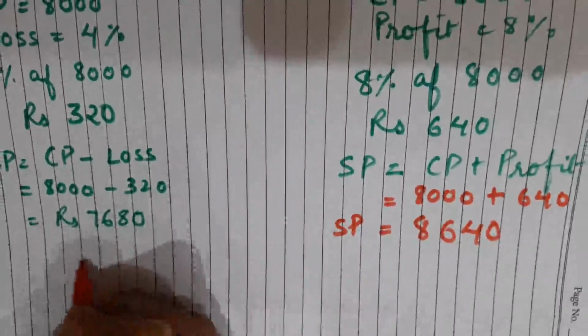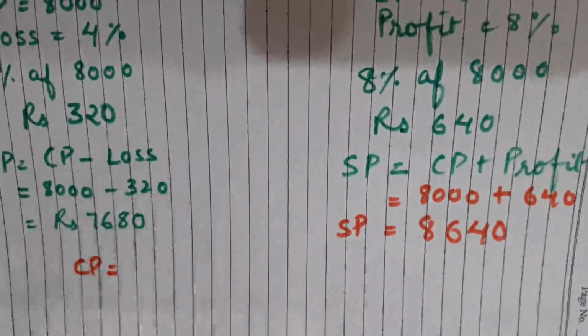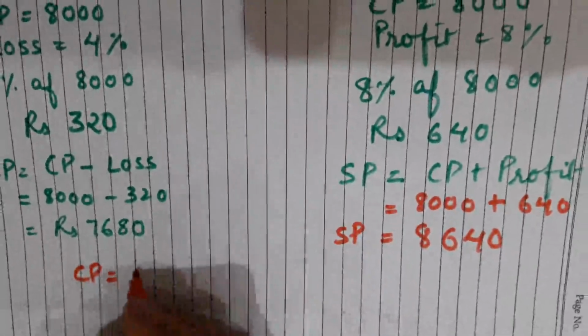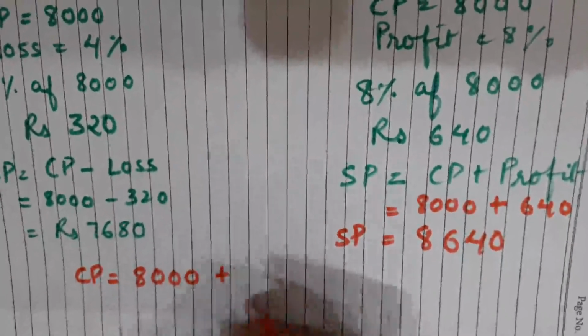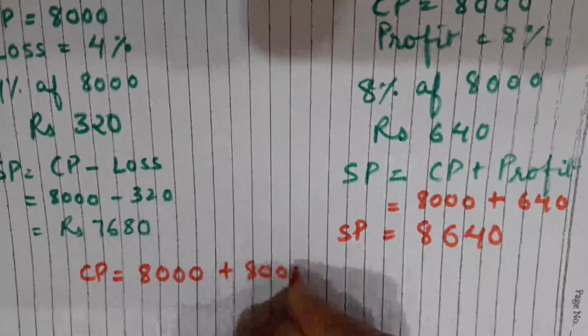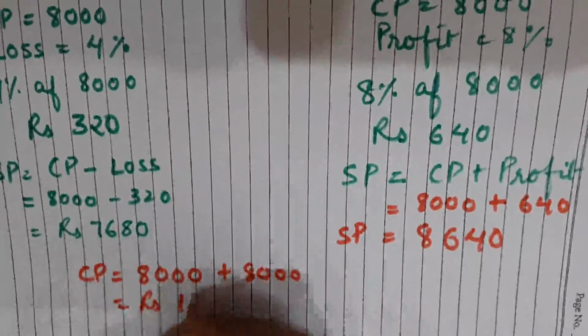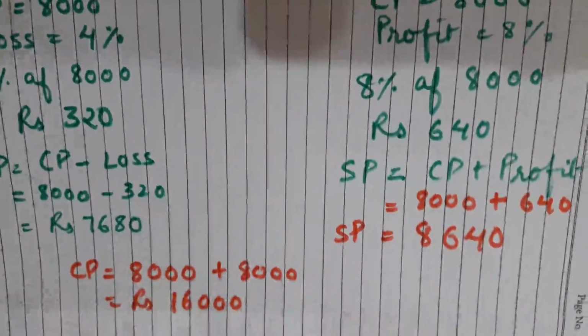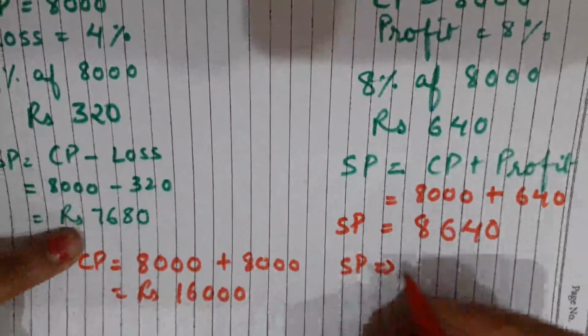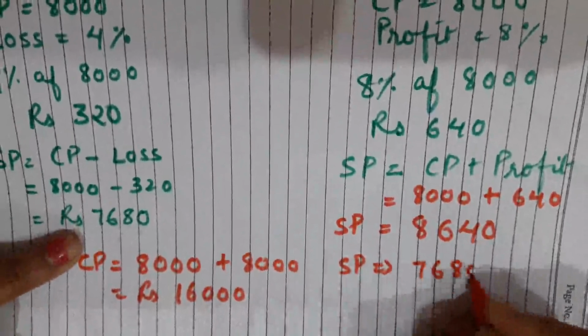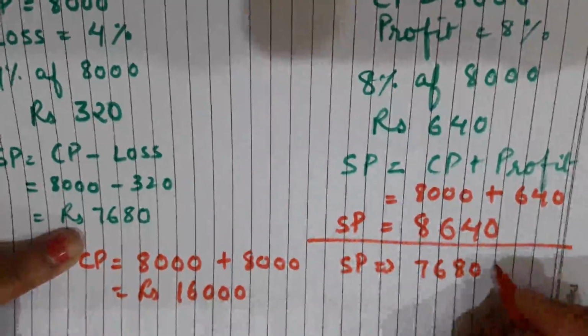So first of all, compare the cost price. VCR cost price is 8,000, television cost price is 8,000, so total amount is 16,000. Let's compare the selling price. Selling price of VCR is 7,680.